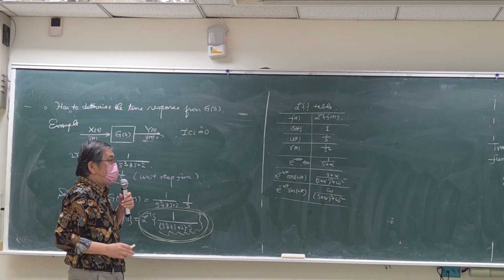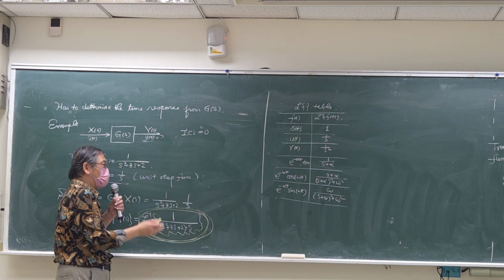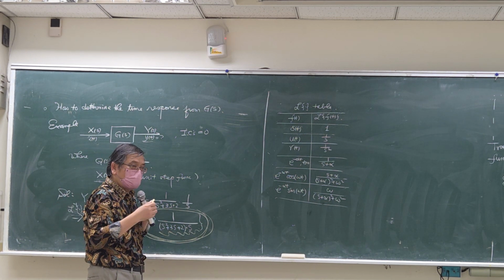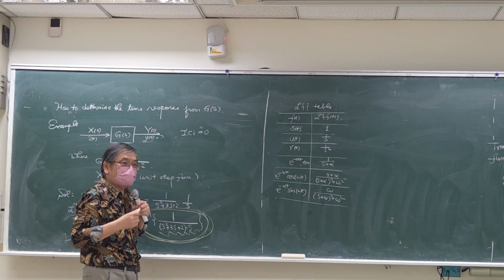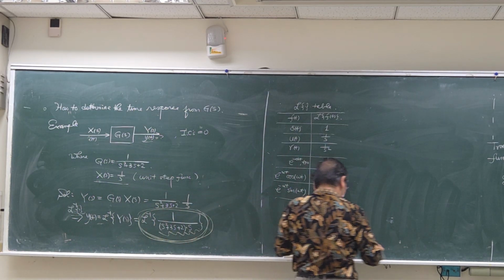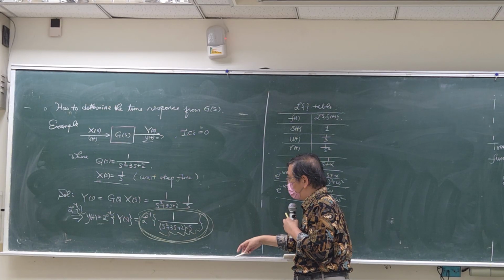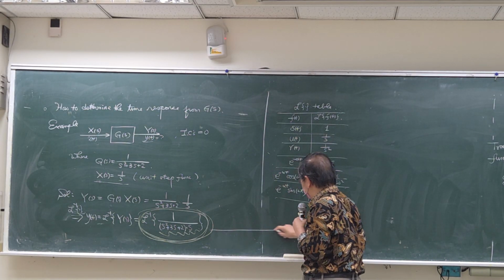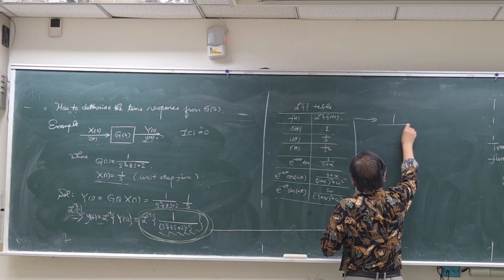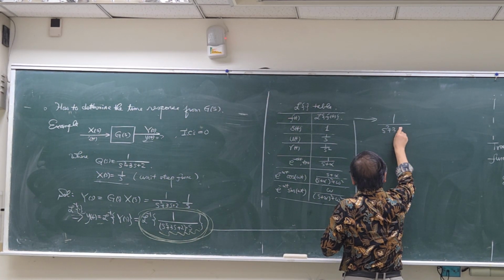Which suggests we have to break it down into smaller pieces, of lower degrees. So the idea is very simple. How can I break this down?